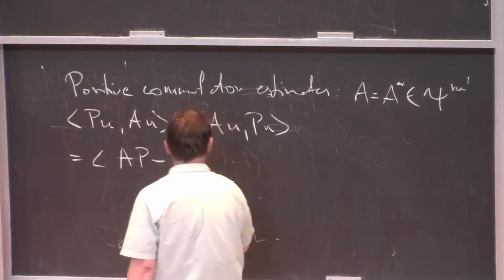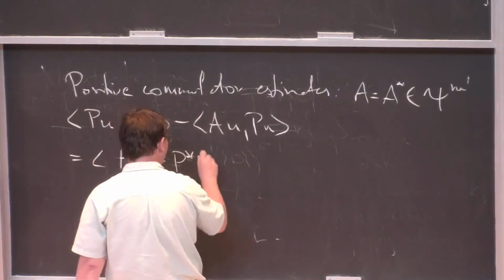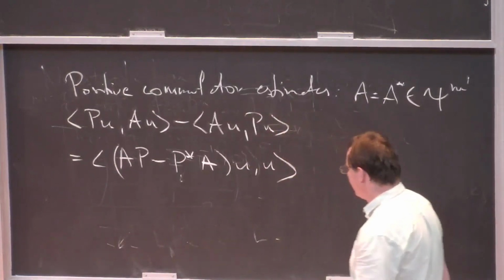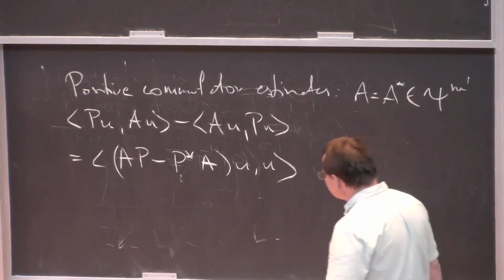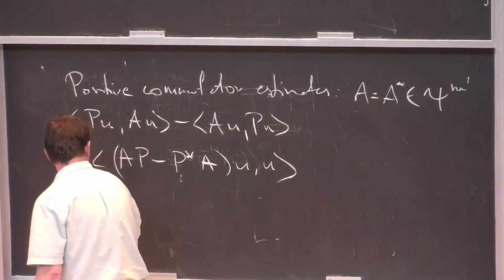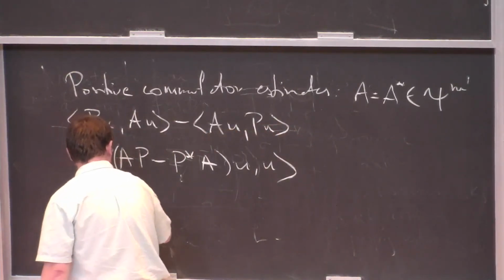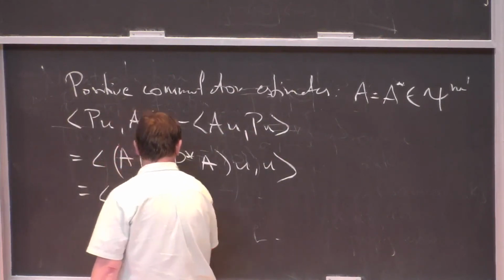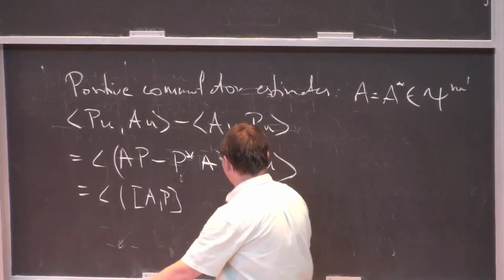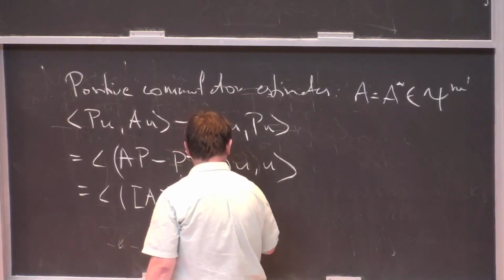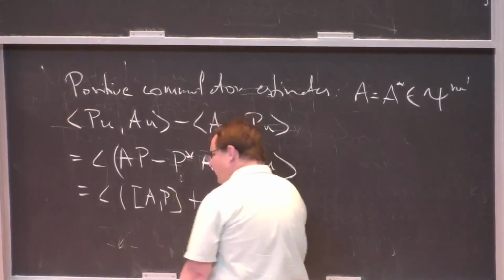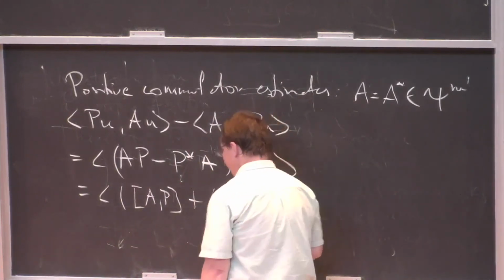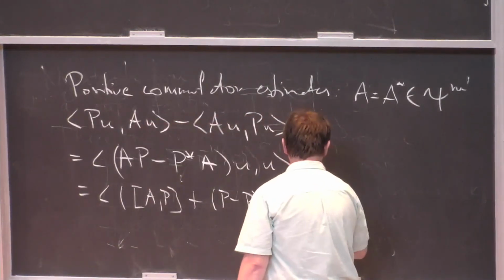If I do the same thing here, I get a P star A applied to U, U. And then you can expand this as a commutator, so that would be the commutator of A and P. So it's AP minus PA, but then I have to add it back, so plus P minus P star. So this is where P minus P star enters, like in the radial point stuff. This thing, U, U.